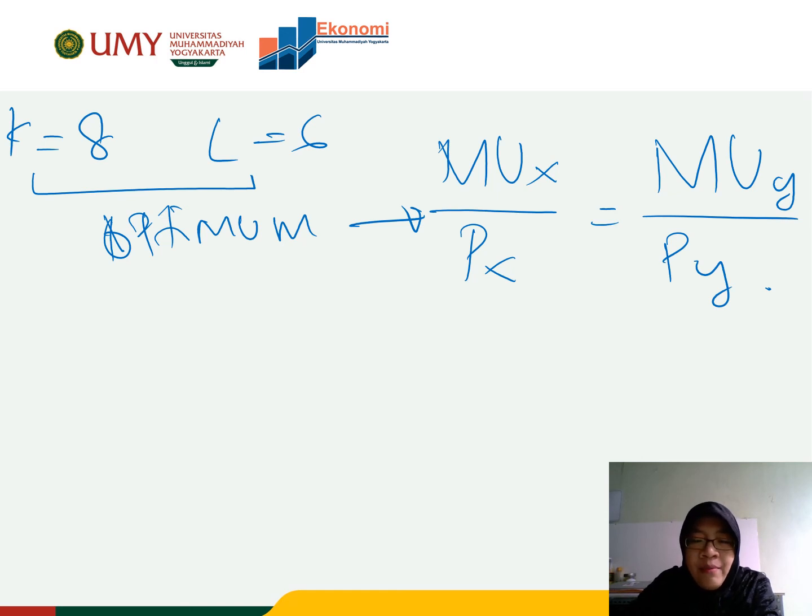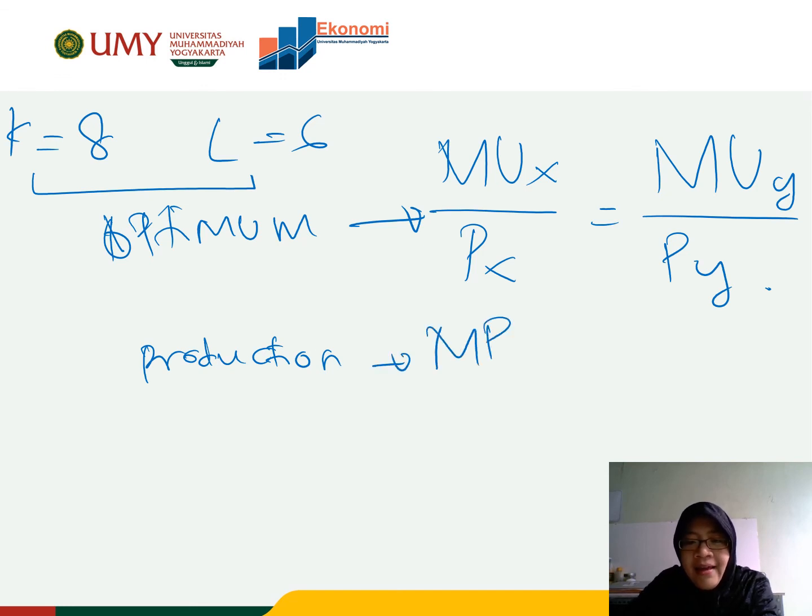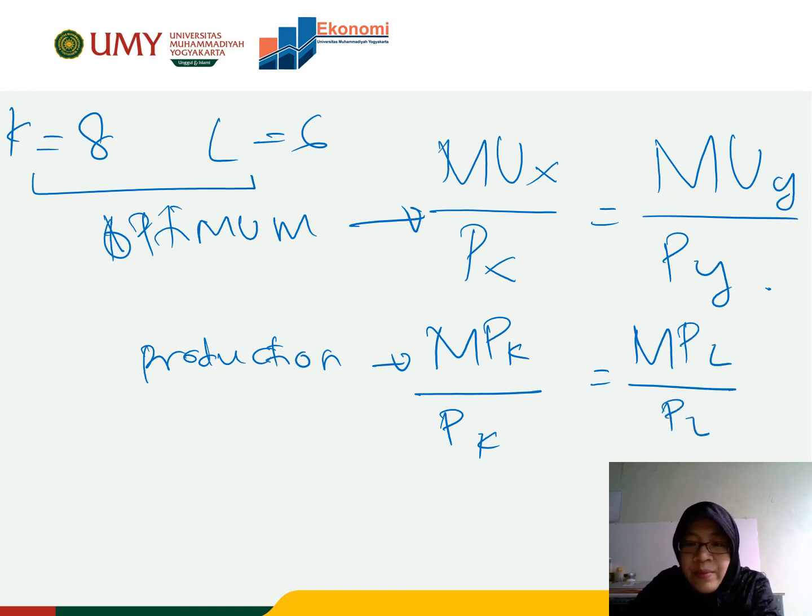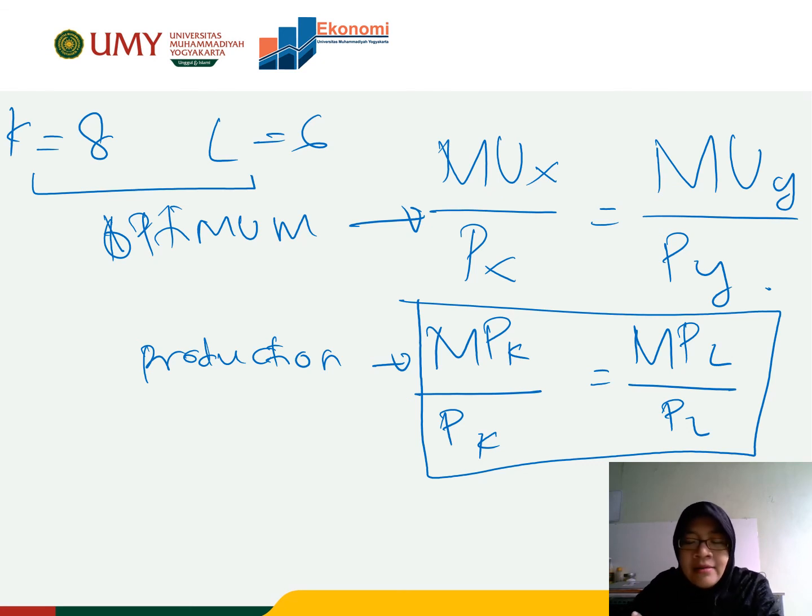For the optimum of production, it is also MPK divided by PK equal to MPL divided by PL. It has to meet this criteria.